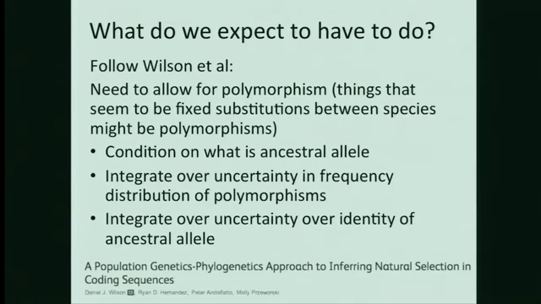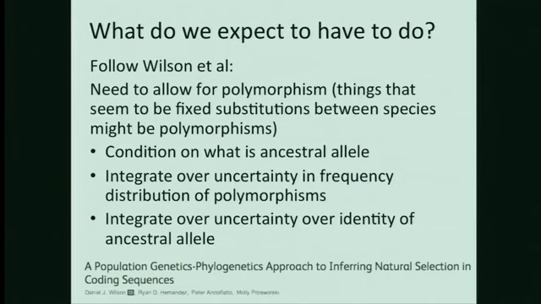And so what I thought of doing was following this paper by Wilson et al., where essentially they want to integrate some knowledge of the phylogeny with your knowledge of population genetics and how you expect the frequency distribution to work. So what they do is they condition on the ancestral allele and integrate over what your allele frequency distribution is like. They were trying to look for signals of positive selection. And I thought I could somehow integrate something like this.